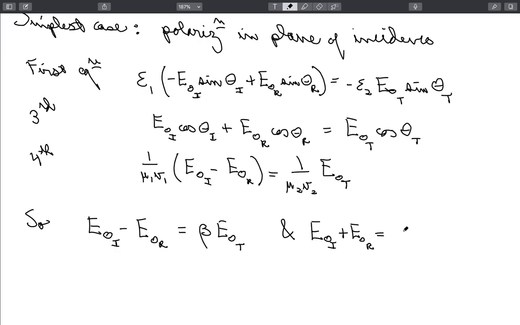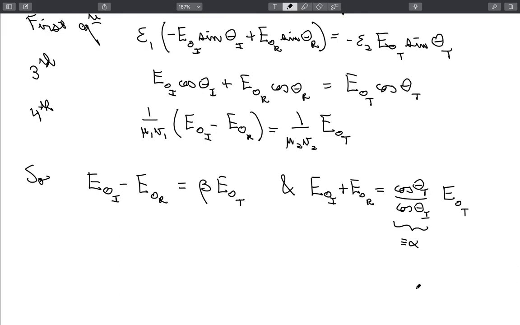So this cos theta t divided by cos theta i times the transmitted amplitude. Now this ratio here is kind of a handy ratio. We will call it alpha.